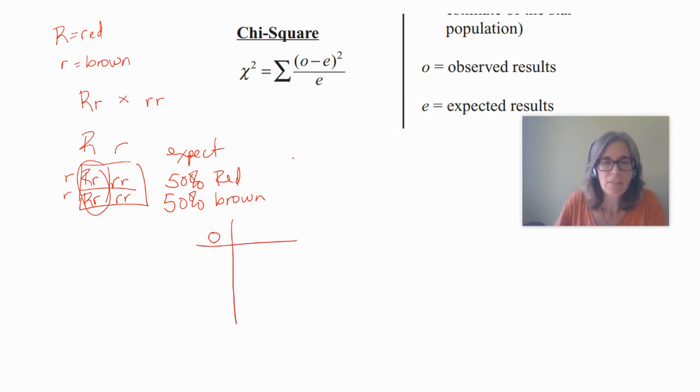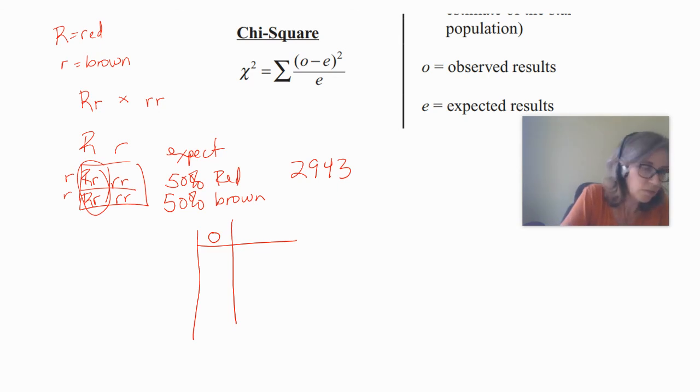And so let's say I do this and I end up with 2,943 babies. Well, 50%, let me get some numbers here. Okay, let's say 1,690 of them have red eyes.